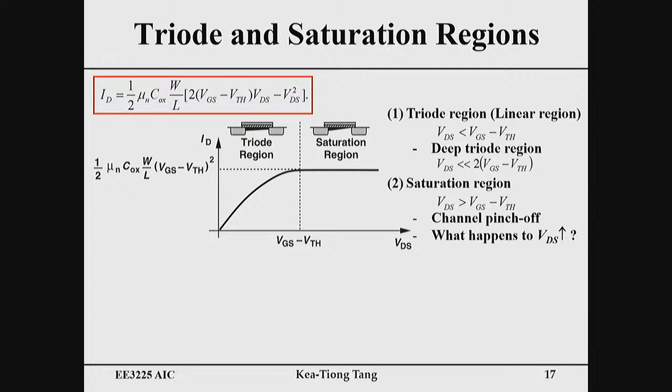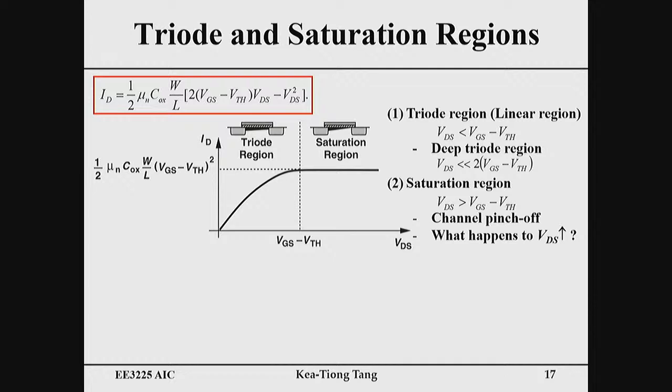Triode is 3, right? Triangle. So triode means 3. We have 3 terminals: one is gate, one is source, and the other one is drain. So in this region, the drain current is controlled by 3 terminals. That's why it's called triode region.